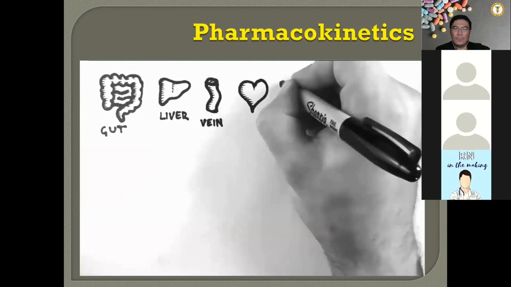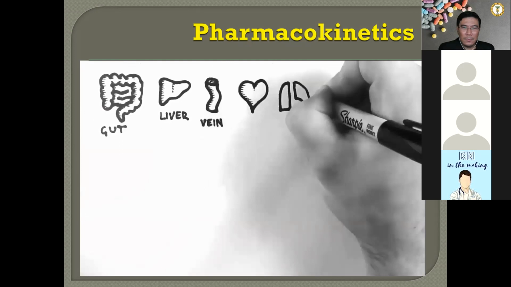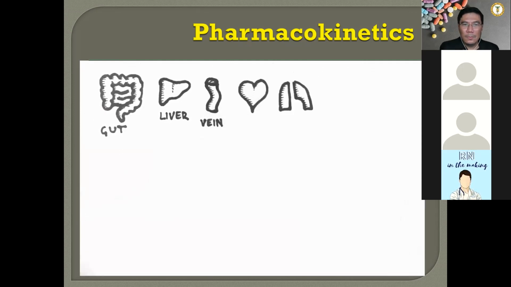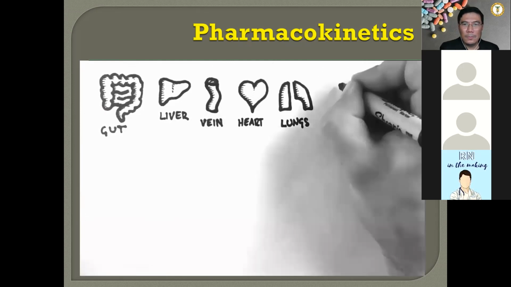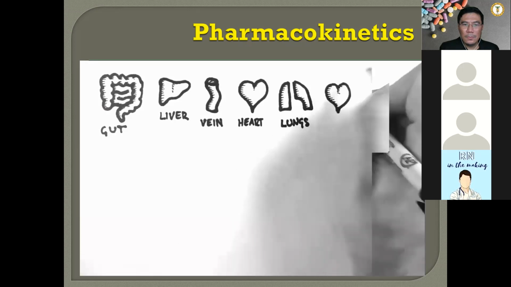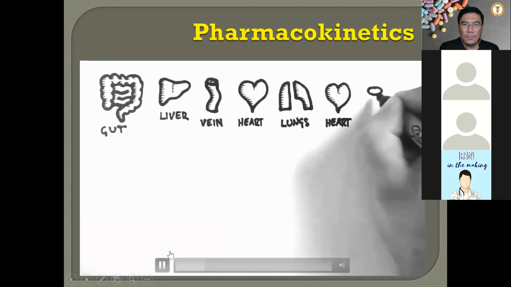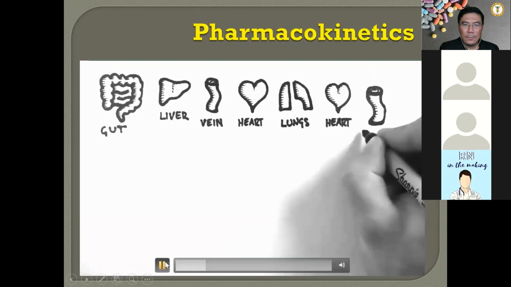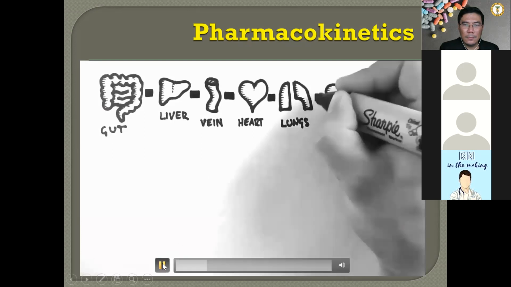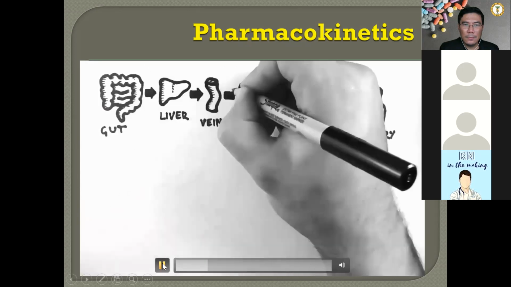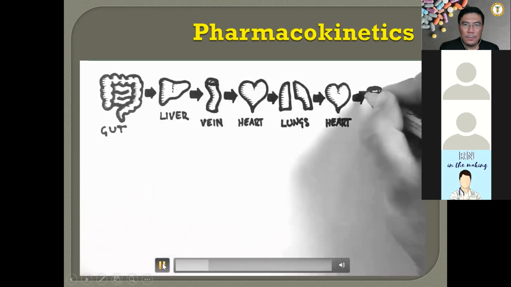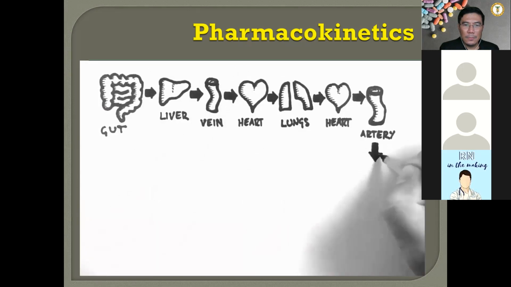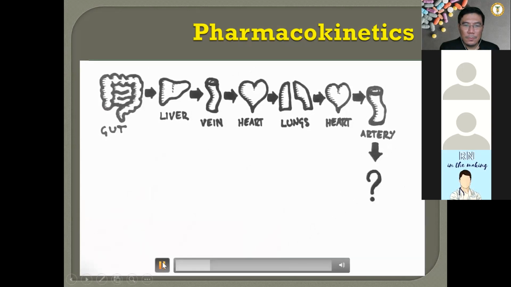The blood then flows through the pulmonary arteries to the lungs. Then from the lungs back to the left side of the heart, then out into the aorta and into the arterial circulation. What we are going to do is place drugs into different parts of this system and measure their concentration in the arterial circulation over a period of time.